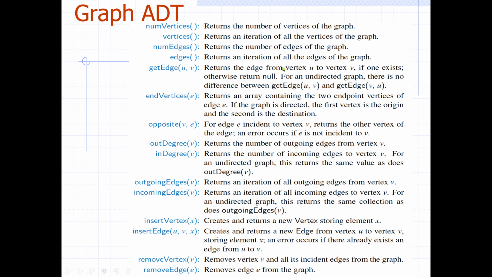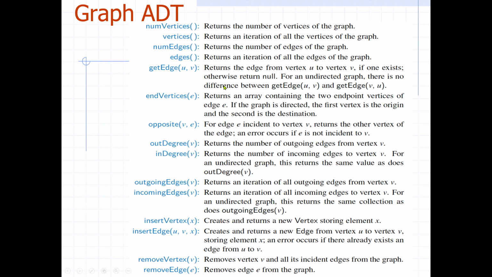Then we also have get edge, which takes arguments U and V. U will represent the origin vertex, and V will represent the destination vertex. So we are getting the edge between U and V, or any two vertices in a graph. This method returns the edge from vertex U to vertex V, if one exists.